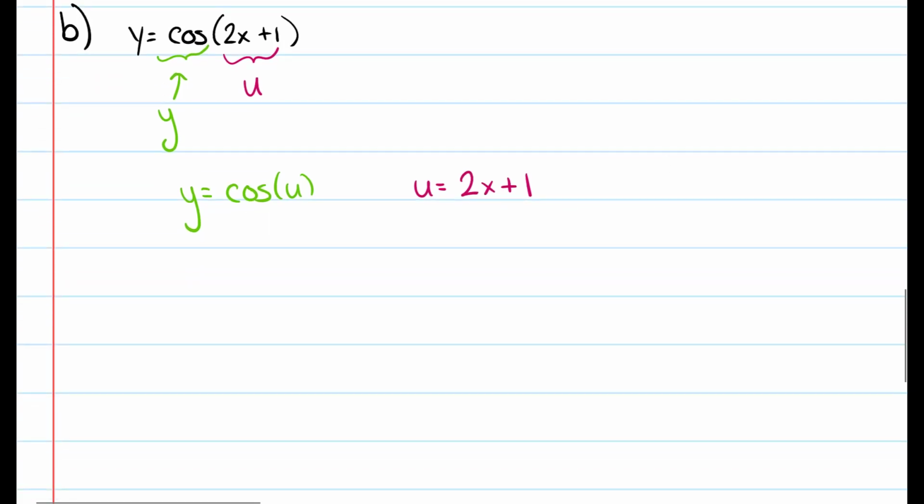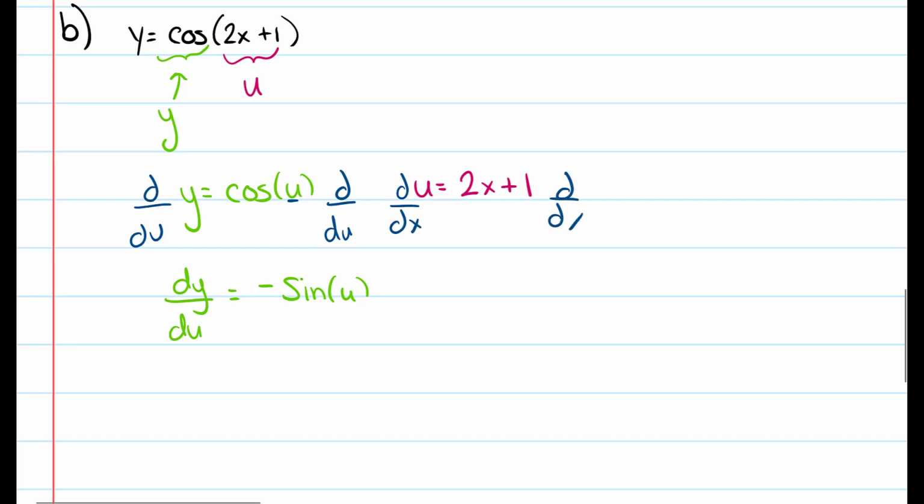So now what I have to do is take the derivative of both. I take the derivative with respect to u for my first function, so I get dy du is equal to negative sine of u. And for my second function, I take the derivative with respect to x, and I get du dx is equal to 2.